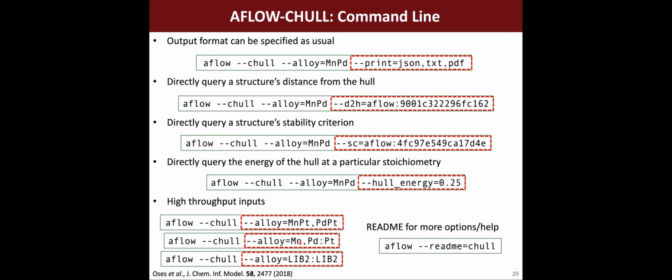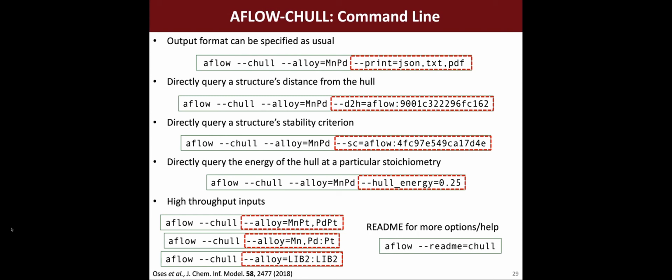I can do colon versus comma. There are also internal aliases for all of the different combinations of elements that we run exhaustively. You can do lib2, and that's going to generate hundreds of thousands of convex hulls. I wouldn't recommend running that because it's going to take a long time.